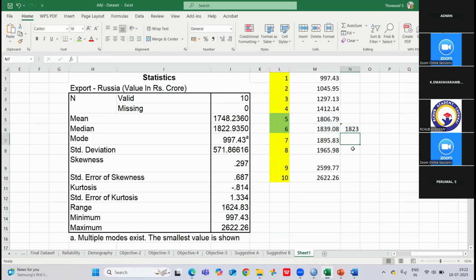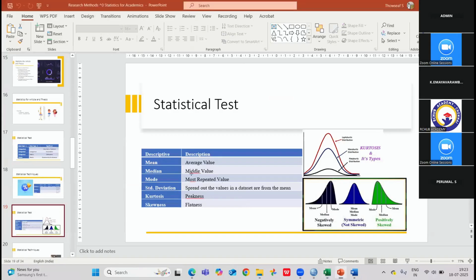You see, it is 1,822.9350. The value is the same, right? So let me put it in decimal. You see, the value is the same. So median is nothing but the middle value, and mode is the most repeated value.